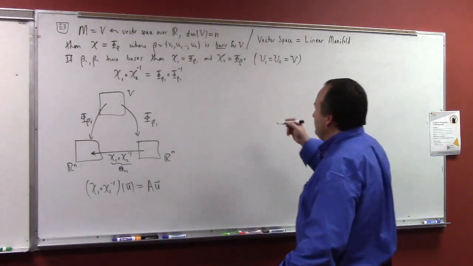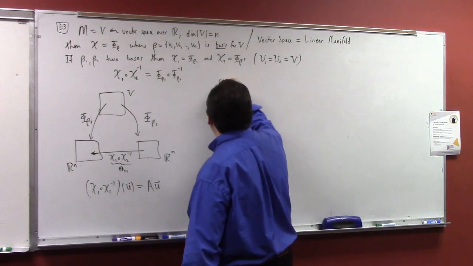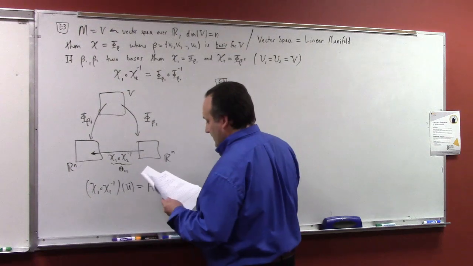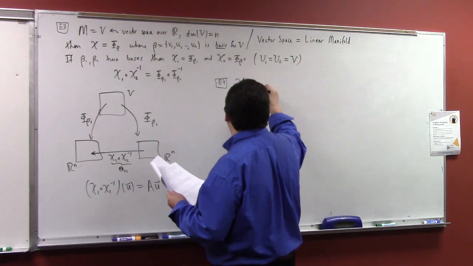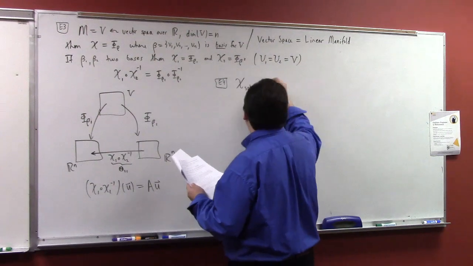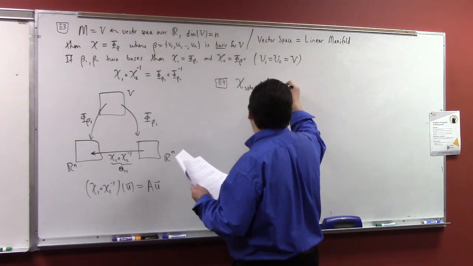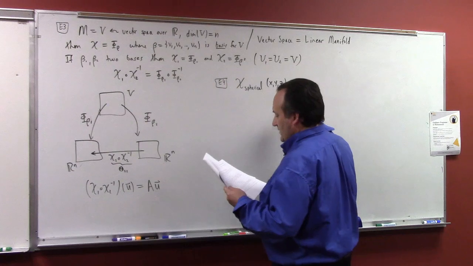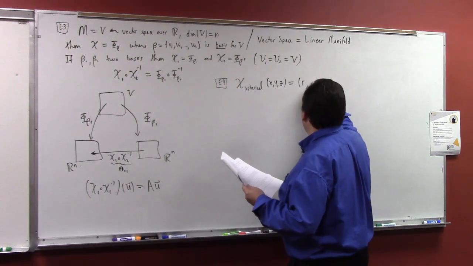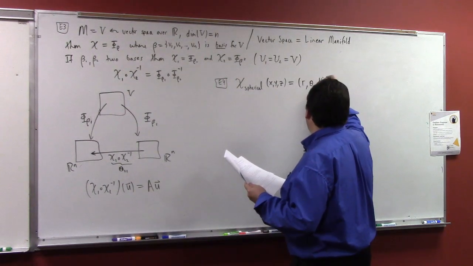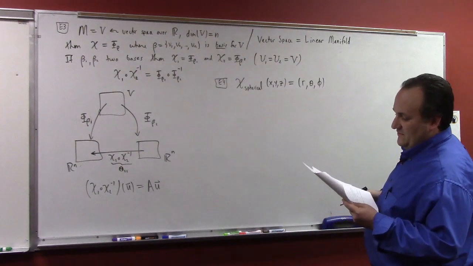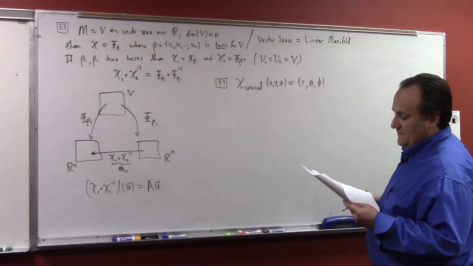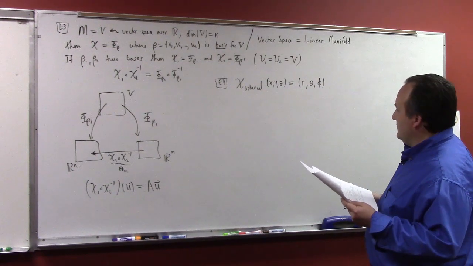Example 4, we could talk about spherical coordinates on R^3. Chi spherical of x, y, z would be, let's see here, r, theta, phi. I guess the question is, am I using math or am I using physics, as Dr. Scamorta says?